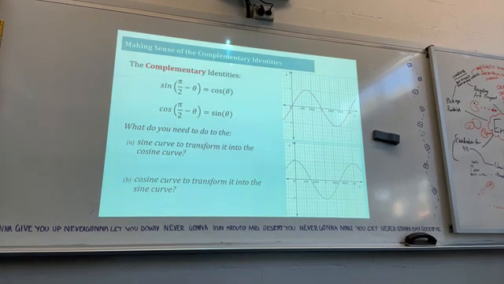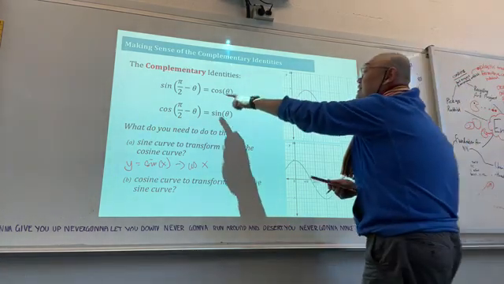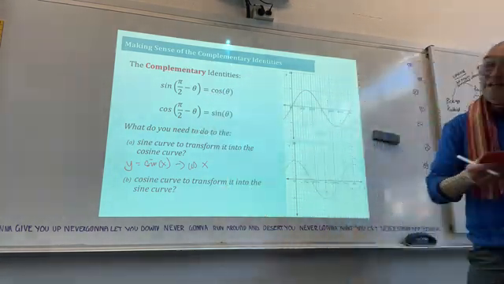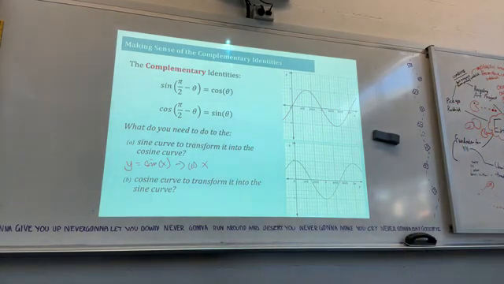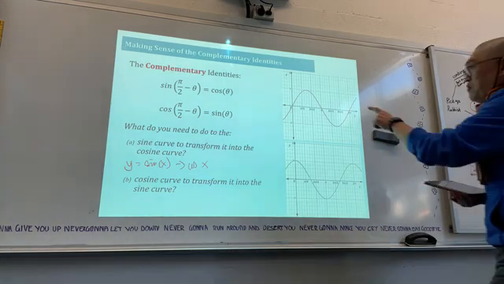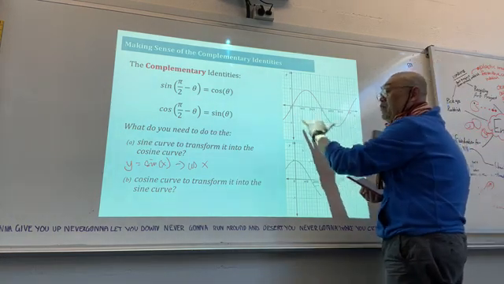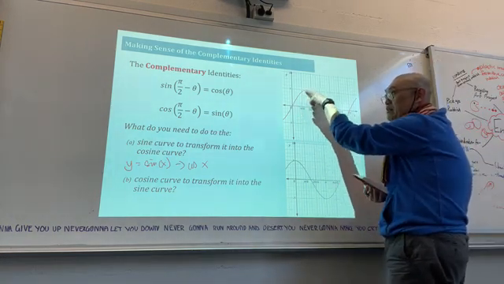So what we want to do is we want to change y equals sine x to cos x. All right? Now, if I use something like this, sine of pi over 2 minus theta, so sine. How are we going to move it to cos? Which direction are we moving?